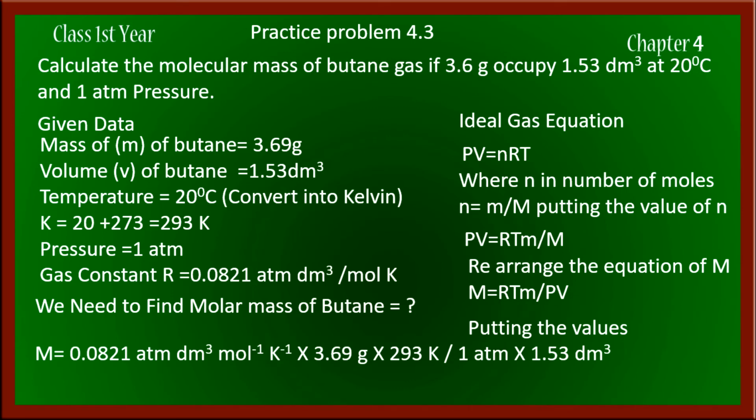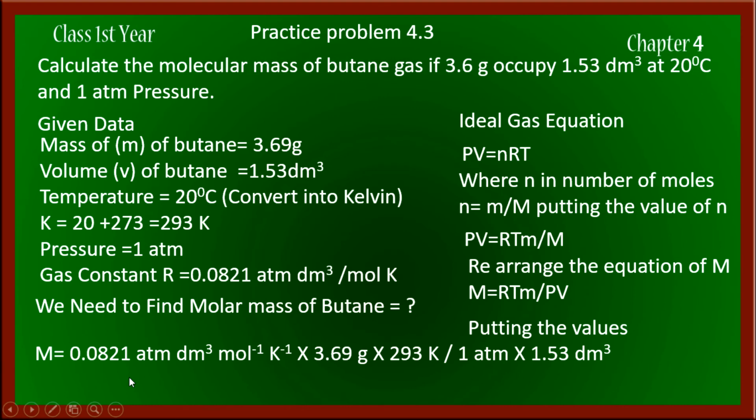After putting the values, you can see there are lots of units involved. So if you look closely, there are lots of units cancelling out with each other. For example, here, this K will be cancelled out with this K. Similarly, this atm, which is in the denominator, will be cancelled out with this atm.